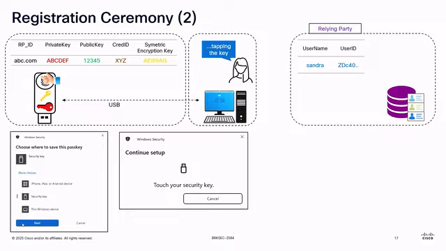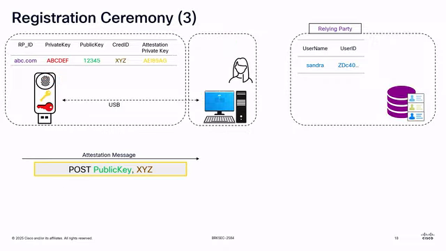a new passkey gets created, the private key securely stored on the authenticator. After that, an attestation message gets sent all the way back to the relying party, signed with an attestation private key that got burned into the token during the manufacturing process. And this message also includes the public key as well as the credential ID.